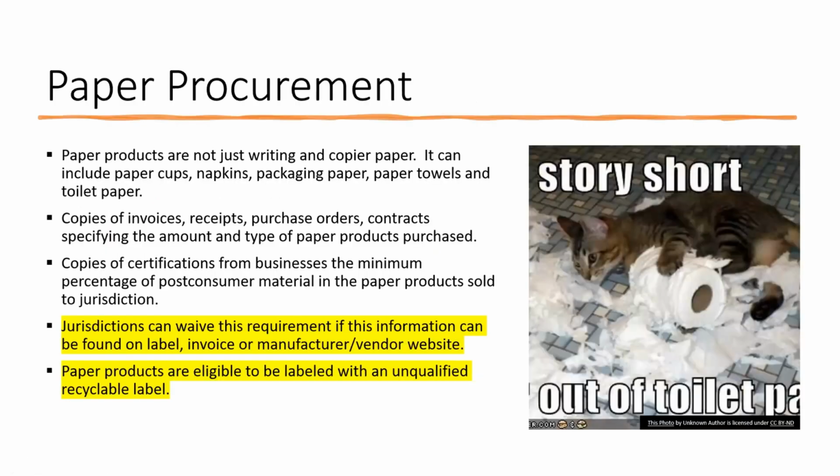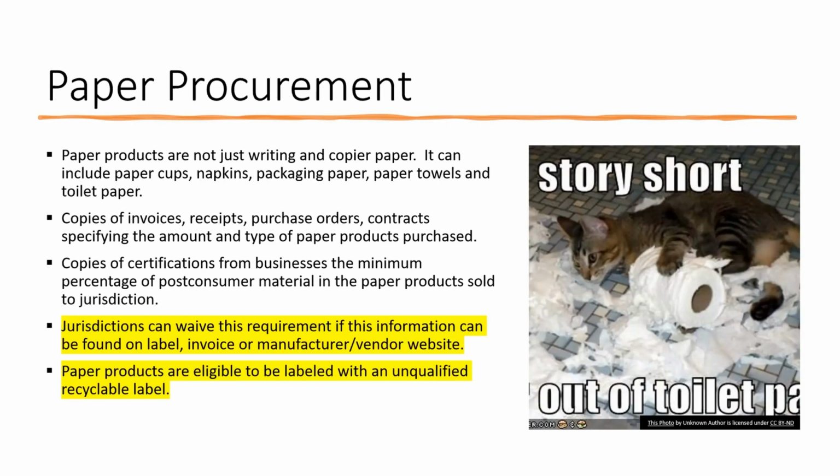Paper procurement, every city should have some type of paper procurement requirement at this point in time. I know we've been doing that since probably the late 90s, and so much content of your paper should be recycled material. And that's not just copy paper and writing paper, it's also your toilet paper and your paper towels and your packaging paper and paper used for brochures.